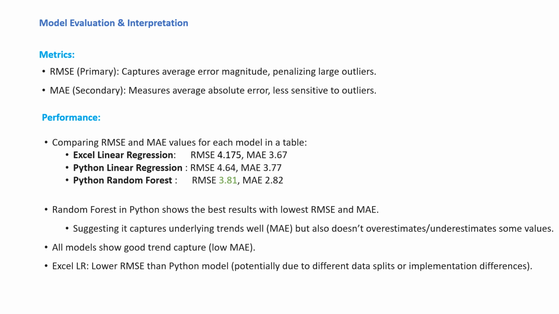It suggests that it captured the underlying trend well, as shown by MAE, and also that it does not overestimate or underestimate some of the values, which is a possibility in Excel and Python-based linear regression compared to the random forest. Overall, all the models show good trend capture by showing lower MAE than RMSE.